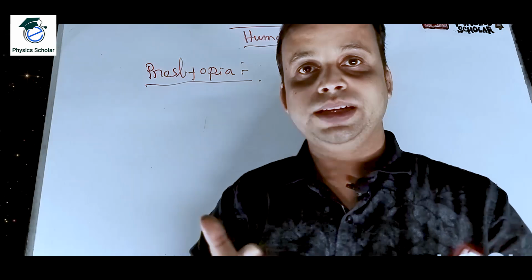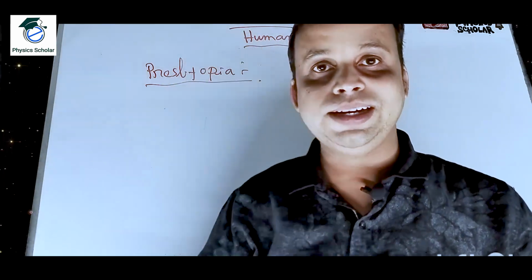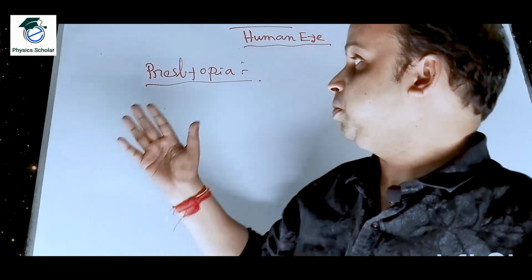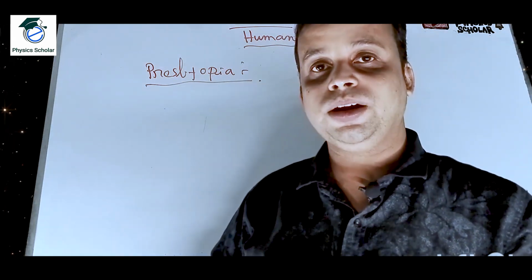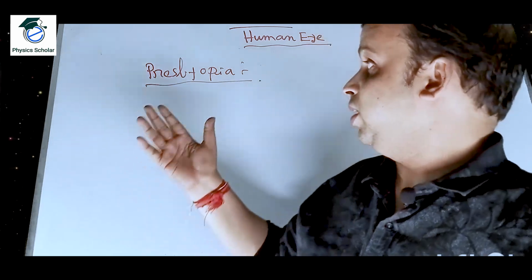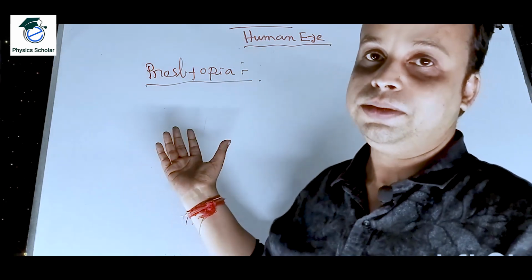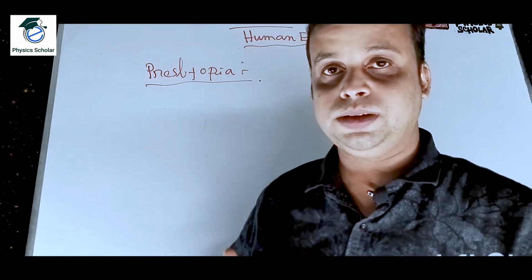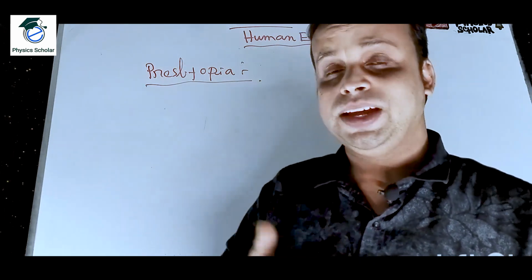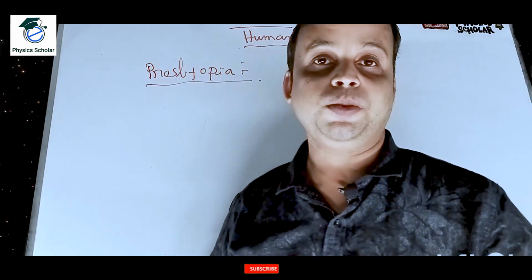They cannot see the nearby object due to problems in the ciliary muscles, the inactiveness of the ciliary muscles, but in most cases they can see the distant object. This problem in old age is due to the loss of elasticity or effectiveness of the ciliary muscles of the eyes. So this condition is known as presbyopia.